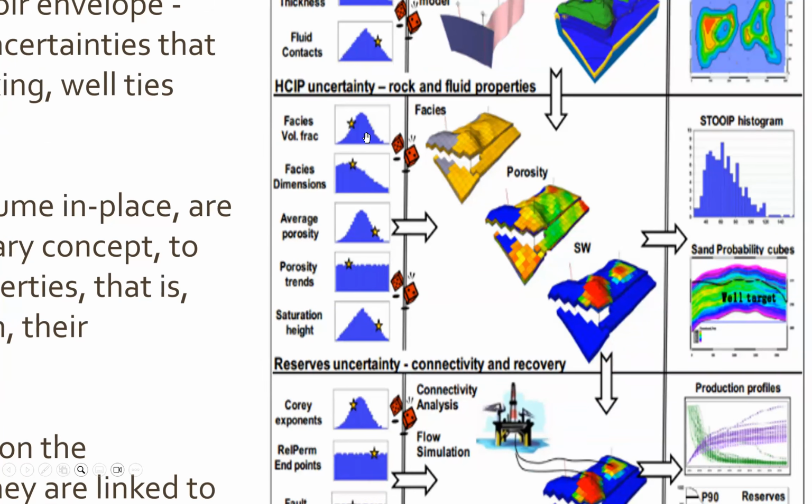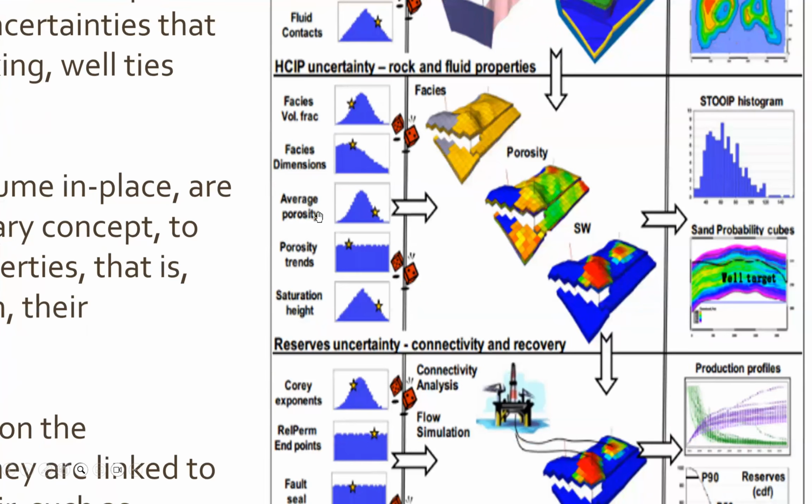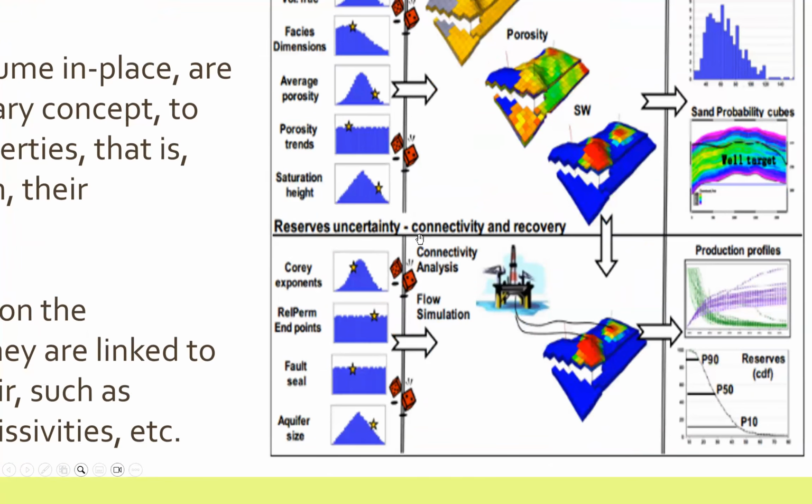If you make a mistake in one, you propagate your error to the rest of the properties. And also in reserves, you still have a big uncertainty in the Corey exponents, or in the fault seals, or in the aquifer size. You don't know where the aquifer size is.